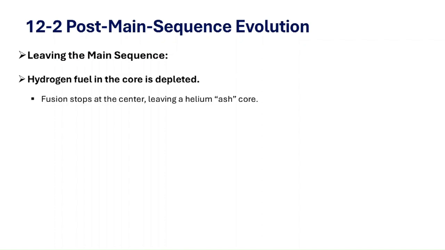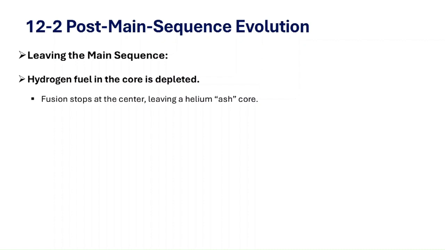So, let's start with the first key idea. Now, every main sequence star spends most of its life fusing hydrogen into helium in its core. But eventually, the hydrogen in the center runs out. Now, what's left behind is a dense core made of helium ash.